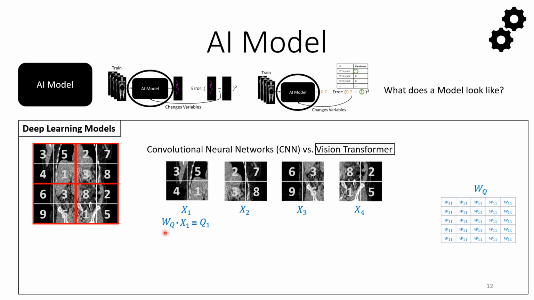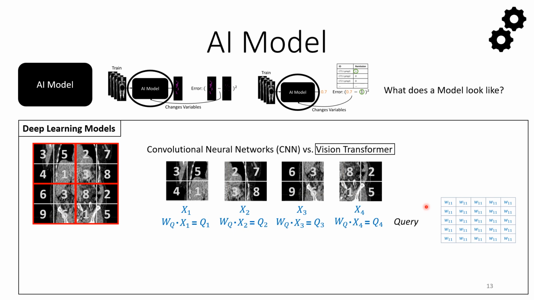And now we do a matrix-vector multiplication. We multiply the matrix WQ with the vector x1, and this gives us q1. Then we do the same, WQ times x2 gives us q2, and so on. Okay. And those Qs here are called queries.